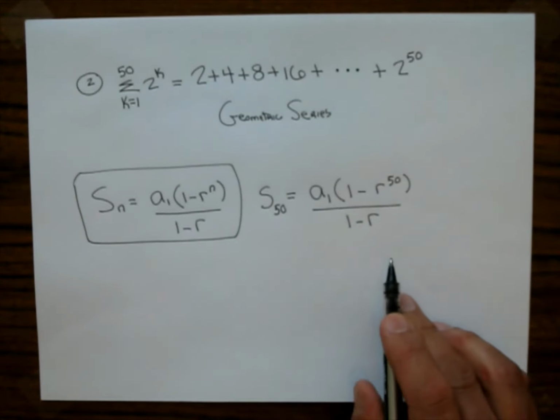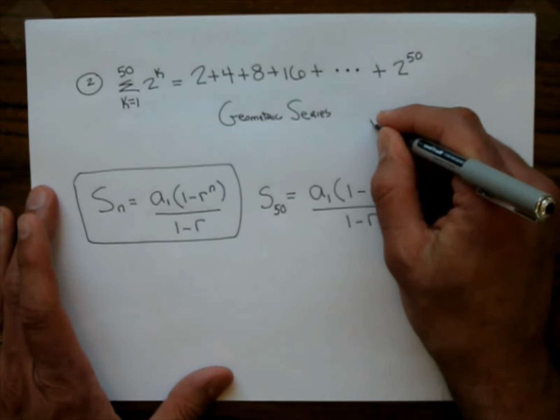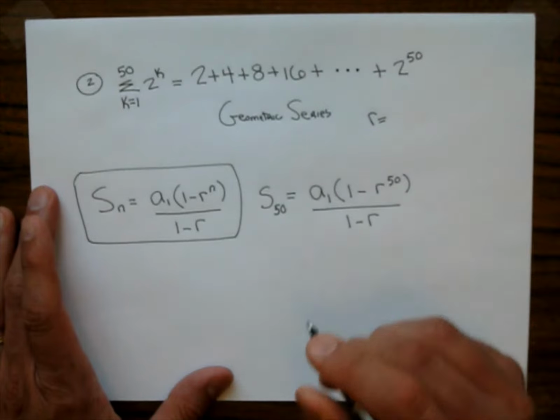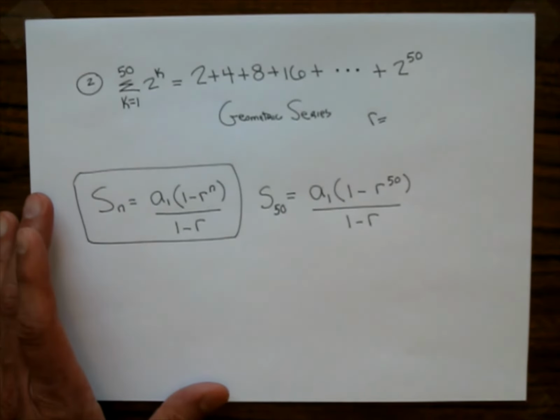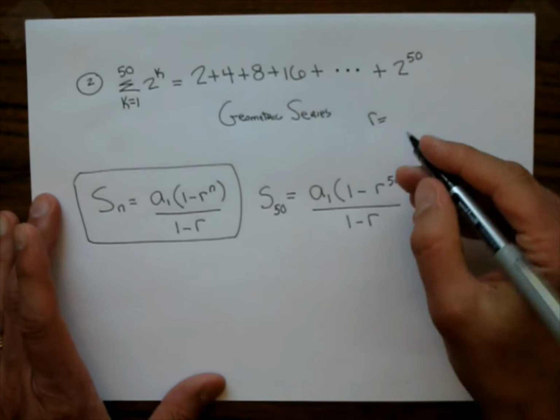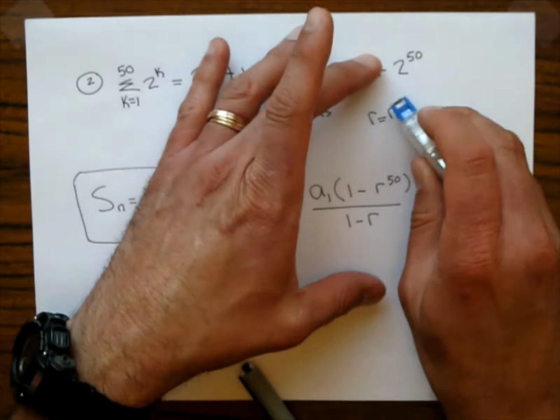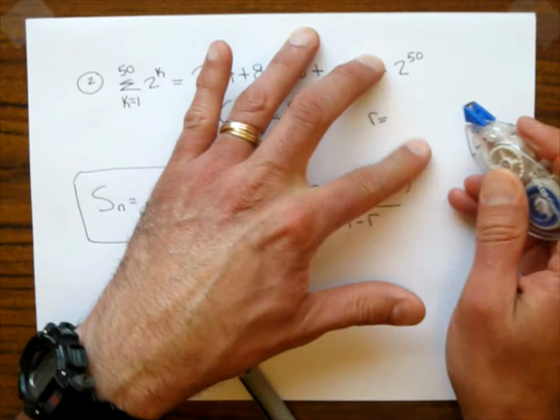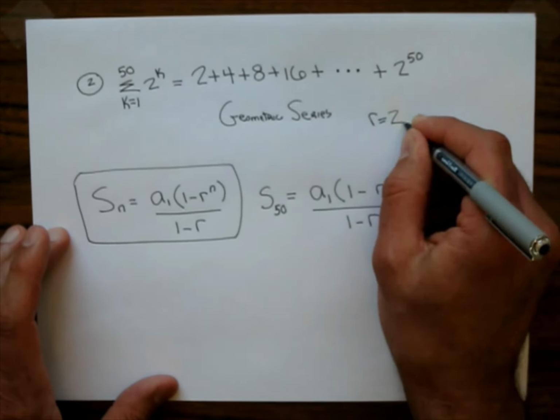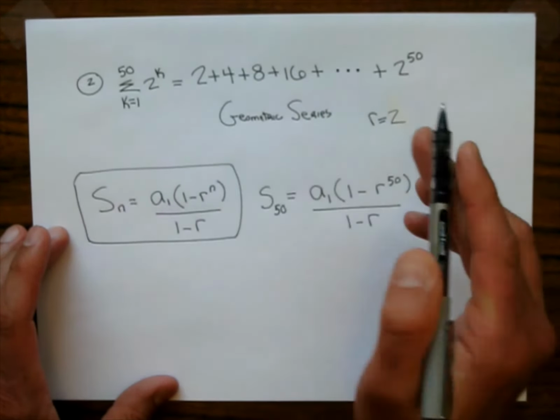Let's continue. We should find out what our r is in this example, and r happens to be 2, because you're multiplying by 2 each time.